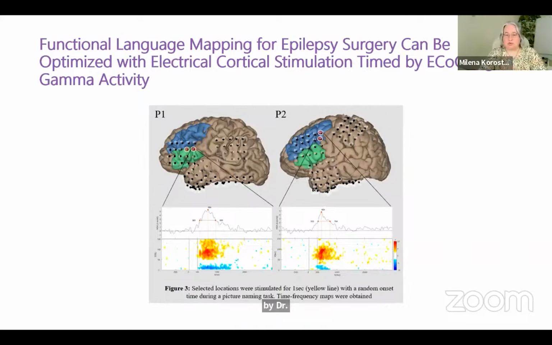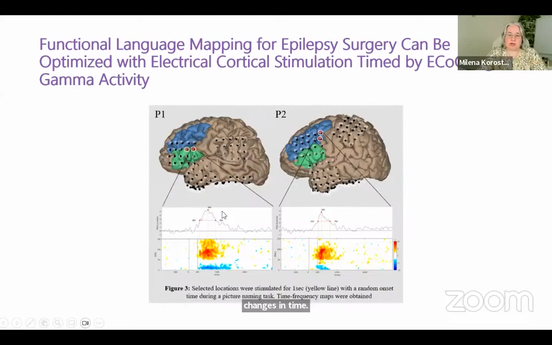there is new information that becomes available, that actually we can use gamma activity to find the best timing for cortical stimulation. For this, we need to see how this high gamma activity changes in time.